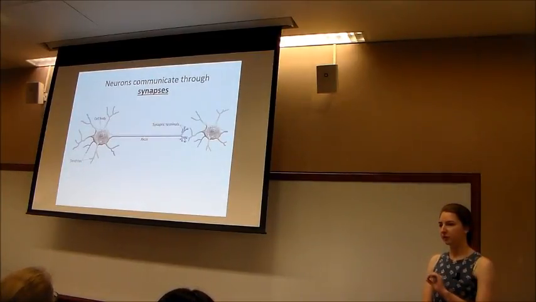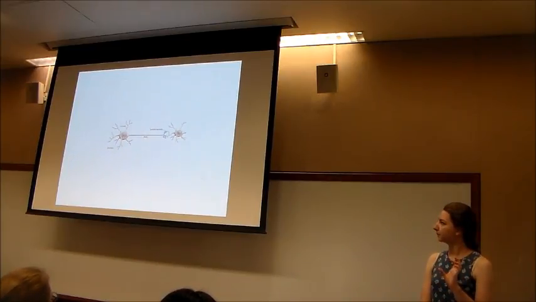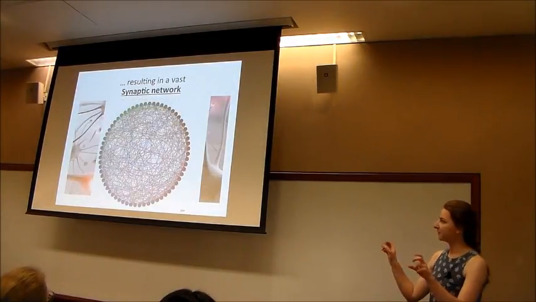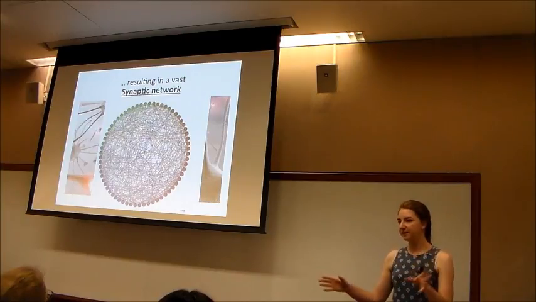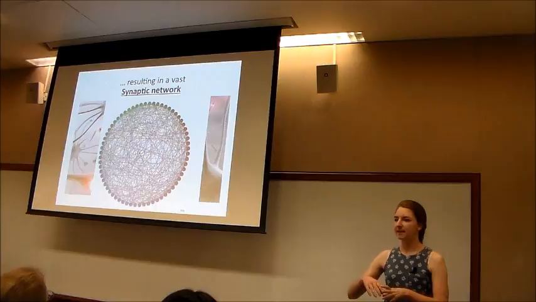So all these individual neurons are connected to each other through synapses, and this creates what's called a synaptic network. With all these different neurons connected to each other, this activity, whether they're doing different things or becoming more synchronous, looks like waves.